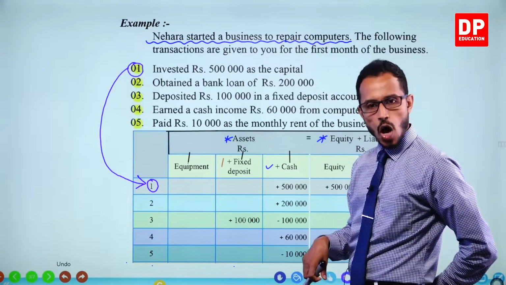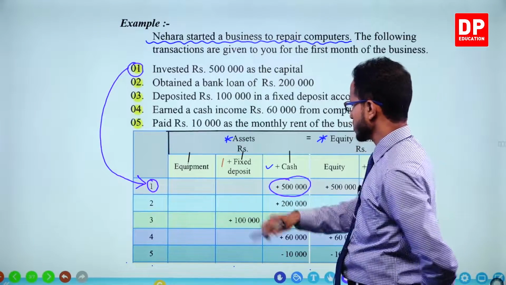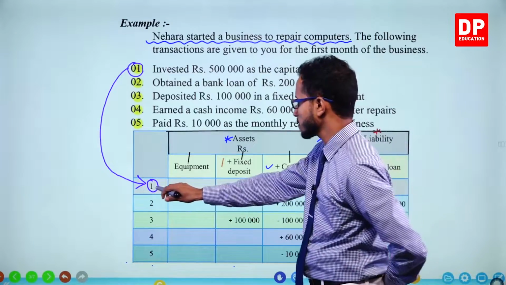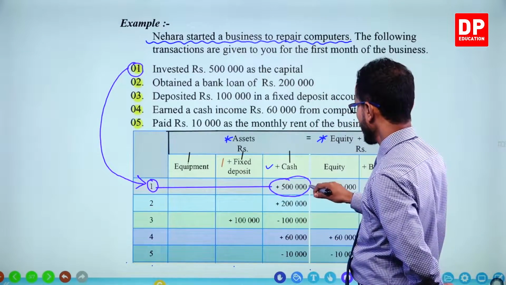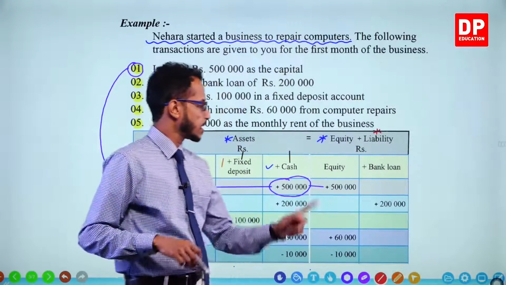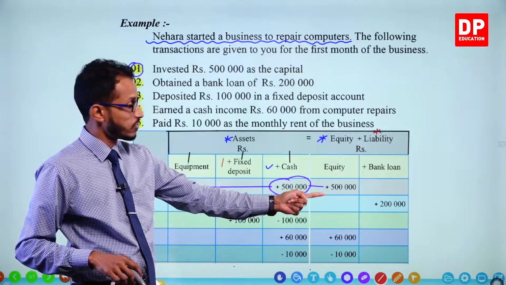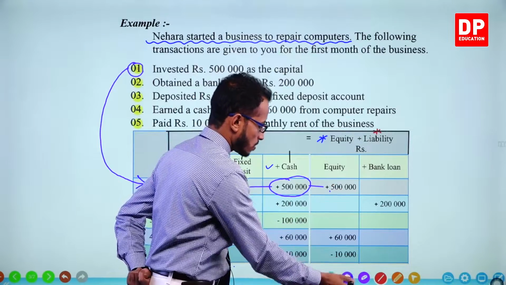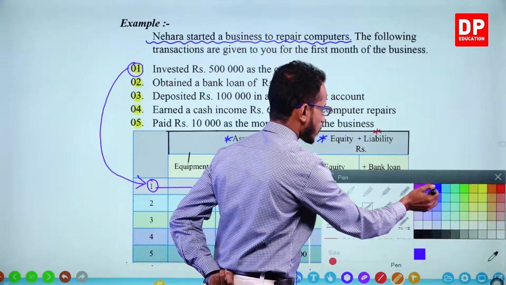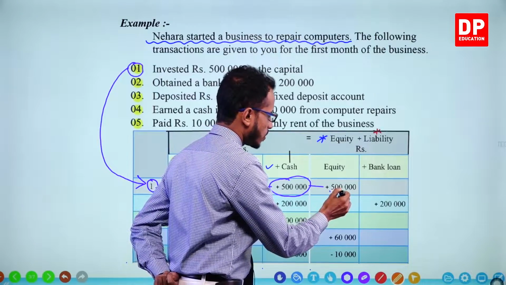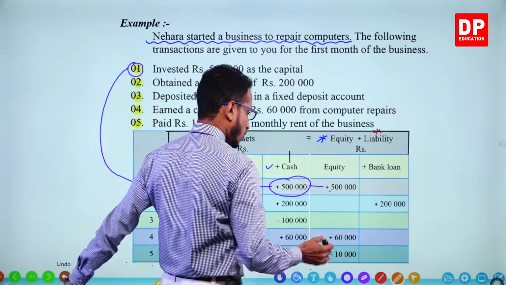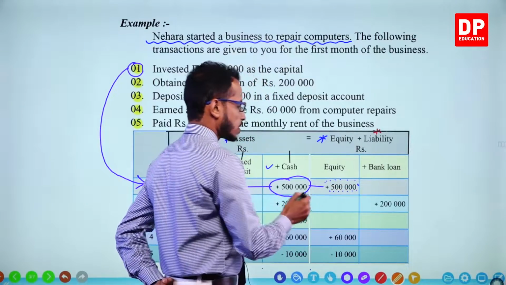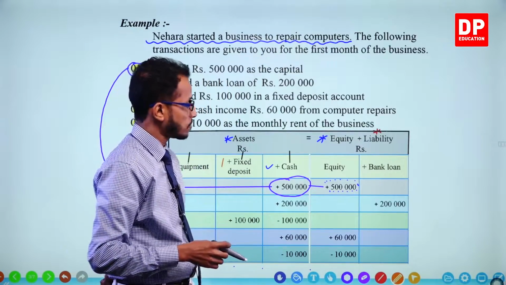In the cash column, 500,000 increase. First transaction. Again, under equity, also 500,000 increase because this 500,000 was brought in by the owner. The owner's money is mentioned under equity.